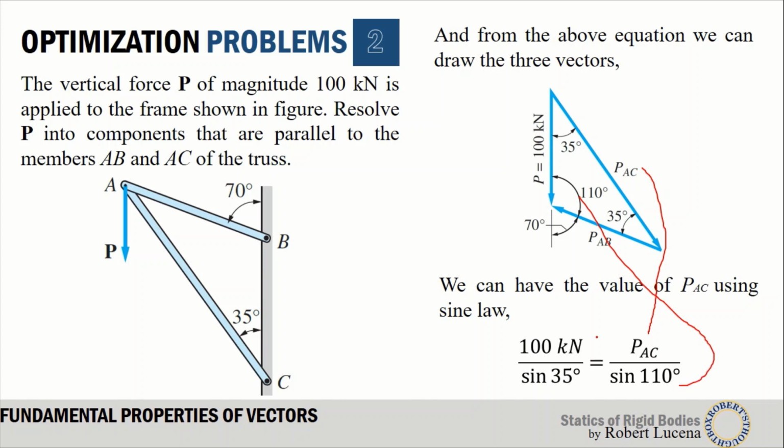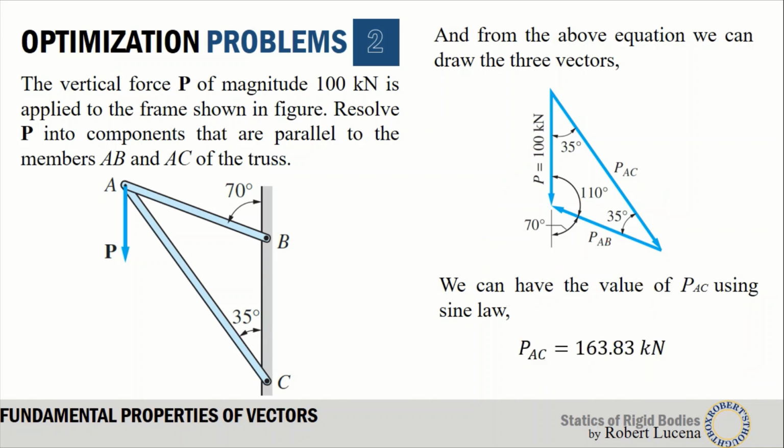And if you want to have here this one, because if you use this side, you would definitely have two unknowns. So let's use this one: 100 over the sine of the opposite angle, 35. So now we get the value of PAC, that is 163.83.